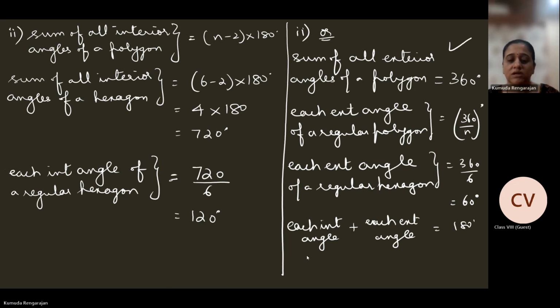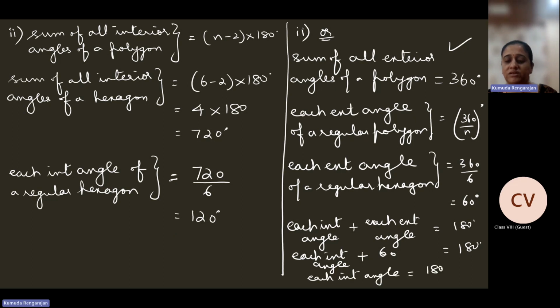So each interior angle plus 60 degrees is equal to 180. So each interior angle is equal to 180 minus 60, which is 120 degrees.